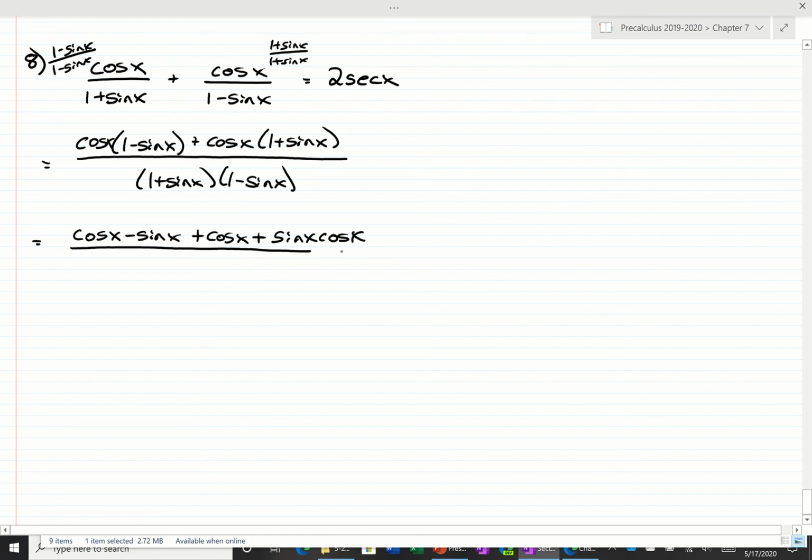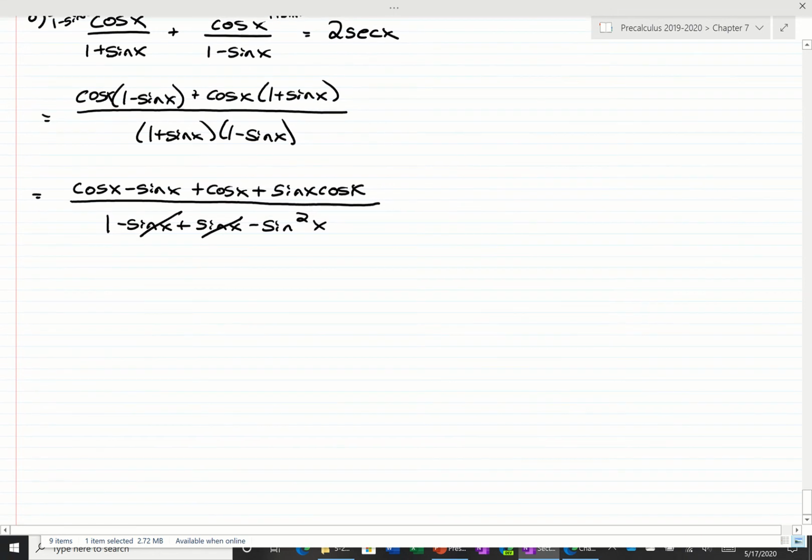And in the denominator we'll get 1 minus sine of x plus sine of x minus sine squared of x. So up top it looks like we're going to have 2 cosine of x minus sine of x plus sine x cosine x. And in the denominator we're going to have 1 minus sine squared of x.